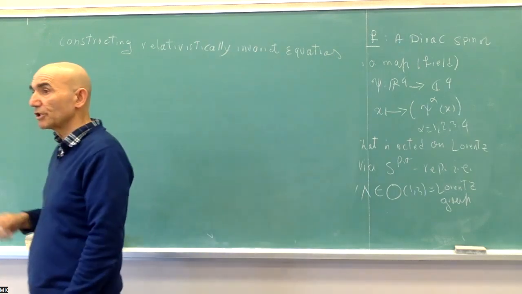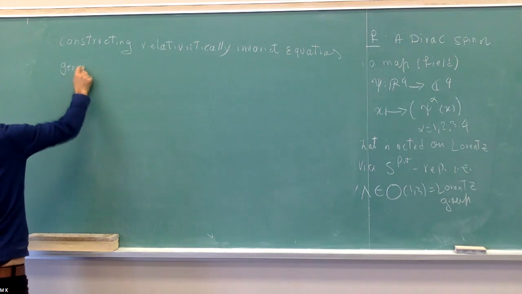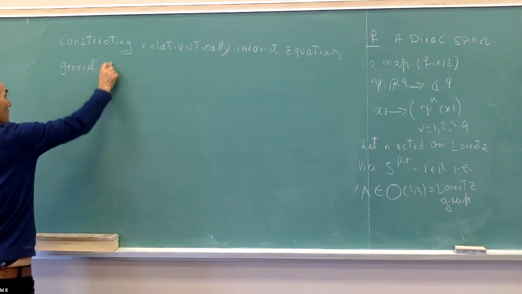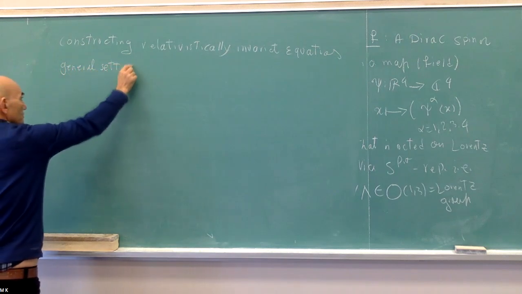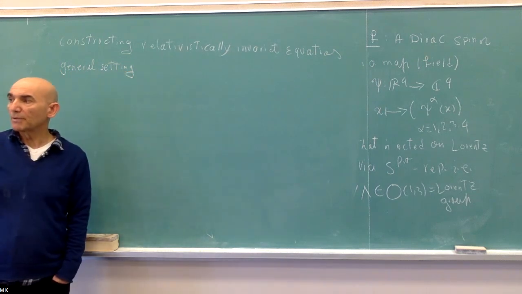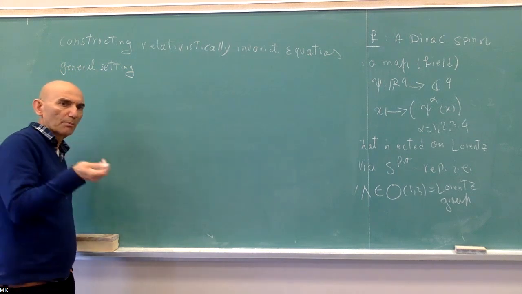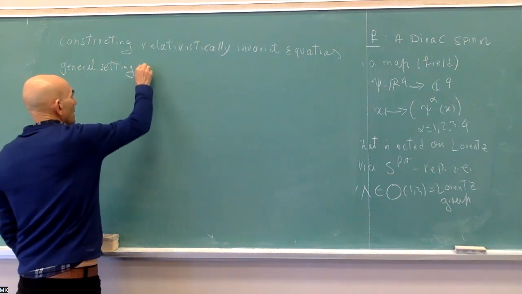So you remember the general setting was like this. Let V be a representation of the Lorentz group. Now we are talking a little bit generally and ambiguously, but that's okay.